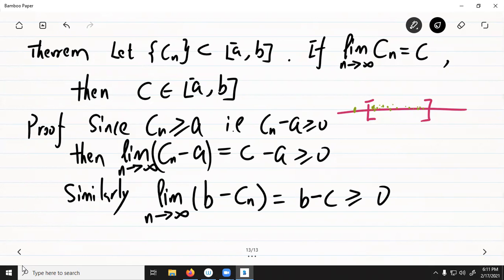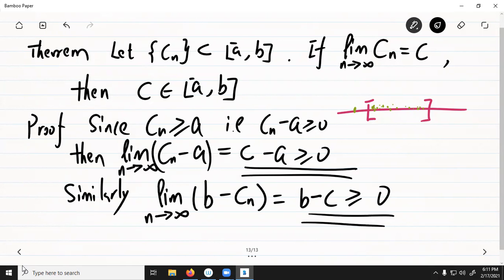So the limit would be greater than or equal to 0. So both are greater than or equal to 0. From the first inequality, C should be greater than or equal to A. From the second inequality, C should be less than or equal to B. So we are done.